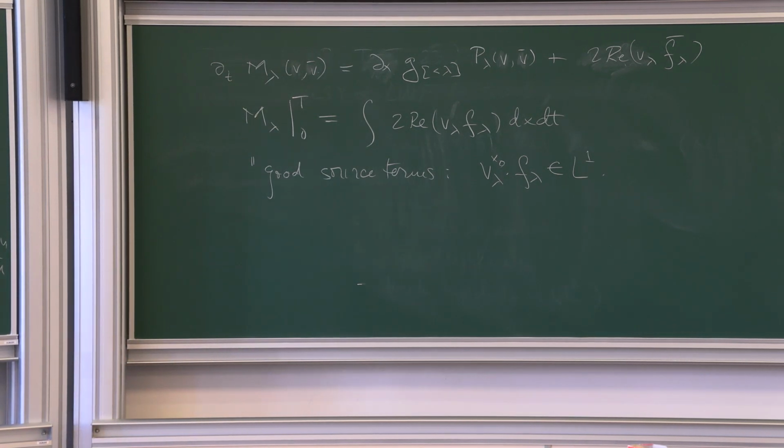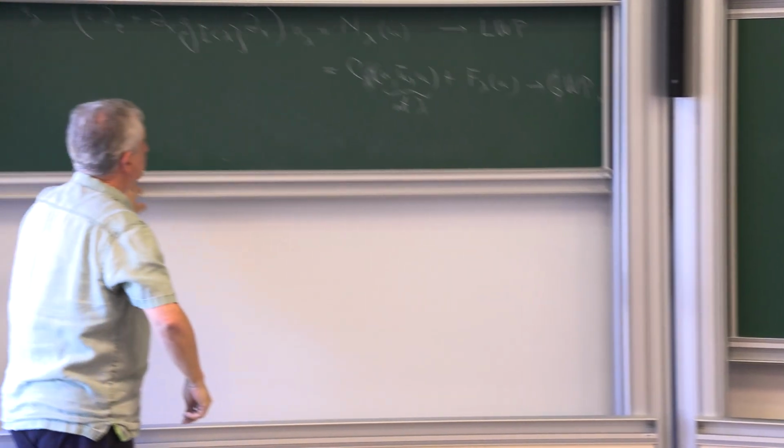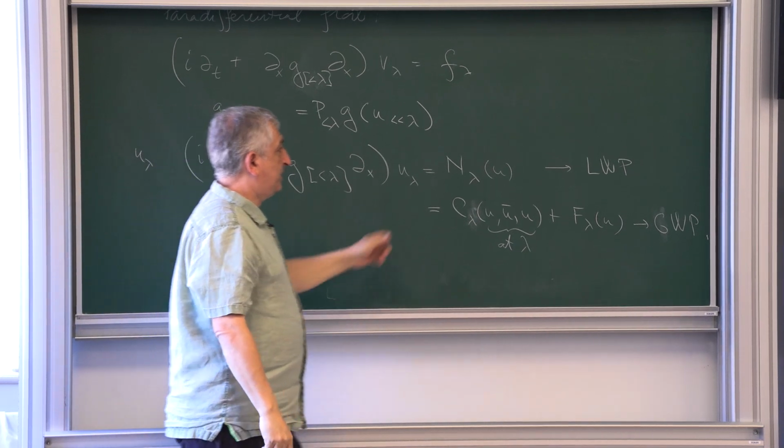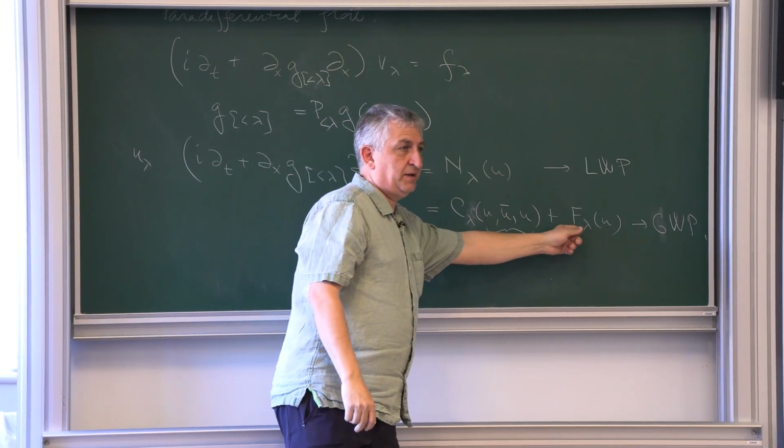And now we go back to the paradifferential flow, like I promised, and say, what do we expect of n lambda and f lambda?